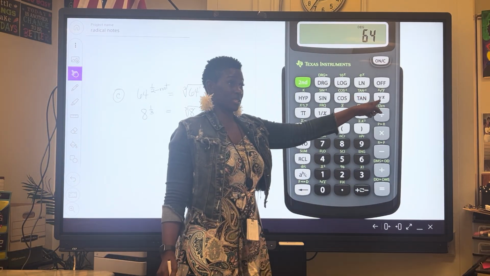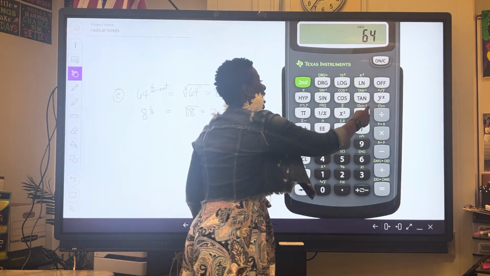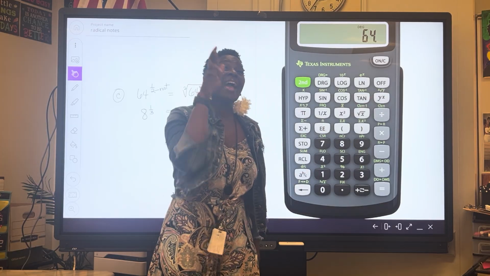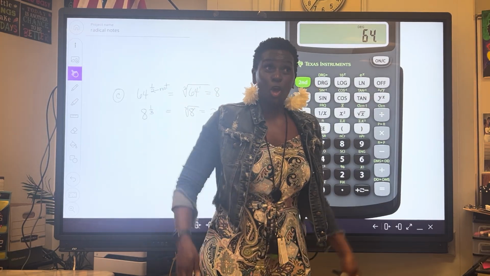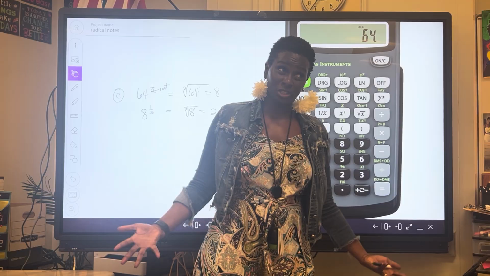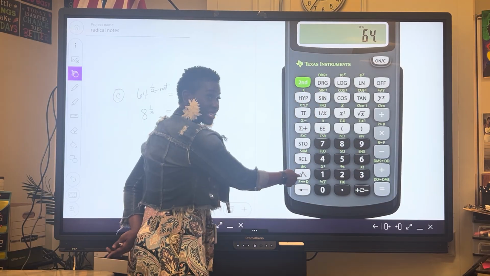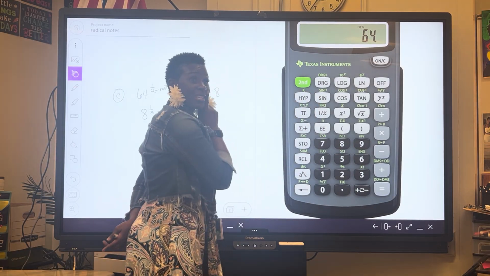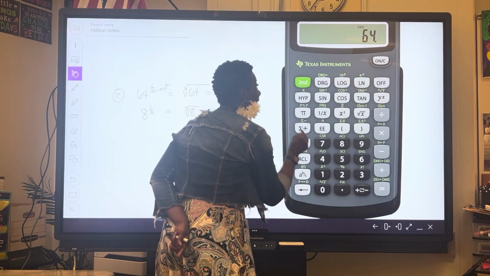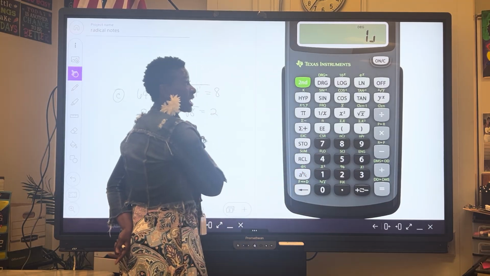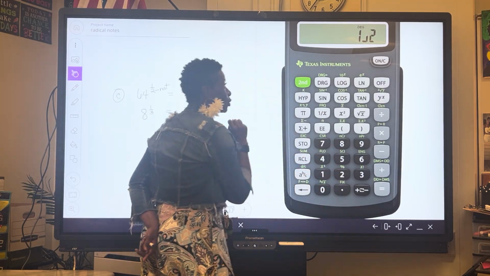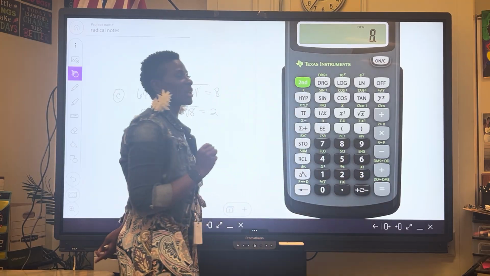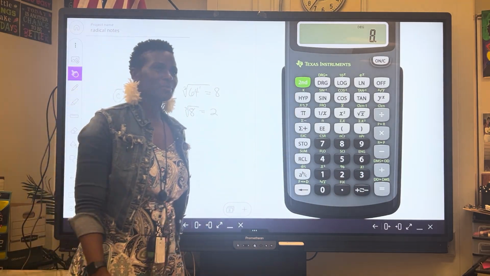Y to the X. Y'all see that? So hit that. But now my exponent is a fraction. So what do I use to enter a fraction? That ABC. So what am I gonna press? 1, ABC, 2, equals. What does it give us? Give us the 8.